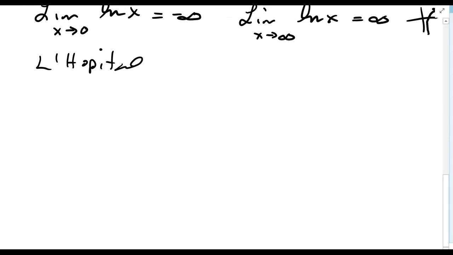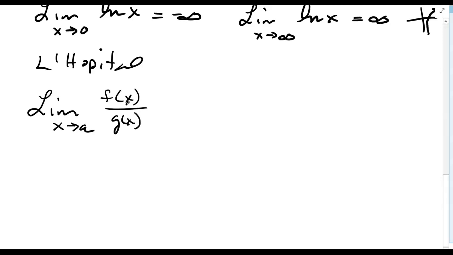So don't forget, L'Hopital can be used when you have a limit as x goes to any value of a function over another function. Because polynomials themselves are pretty straightforward, you just plug in the value and you get your answer for your limit. But when we talk about a rational function, one function over another, limits become a little more difficult. So you use L'Hopital when both of them come out to 0 or both come out to infinity over infinity.